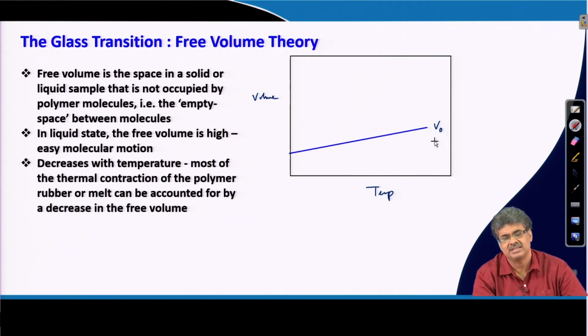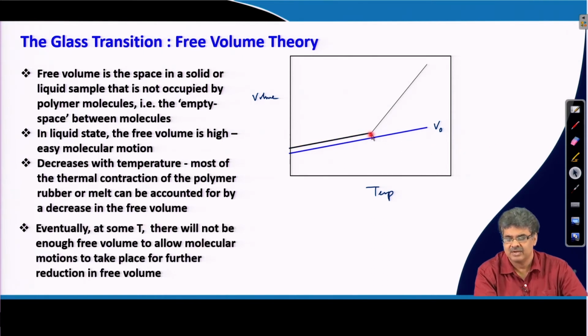As the temperature increases, volume goes up, but if you think about the total volume, as we decrease the temperature, the total volume decreases quite sharply in the molten state, and below the glass transition temperature, there is no further contraction possible, as we discussed, because of the frozen molecular motion. Hence, this total volume remains almost the same.